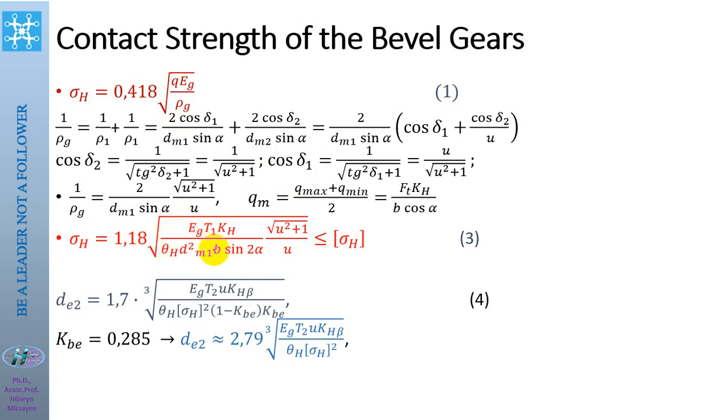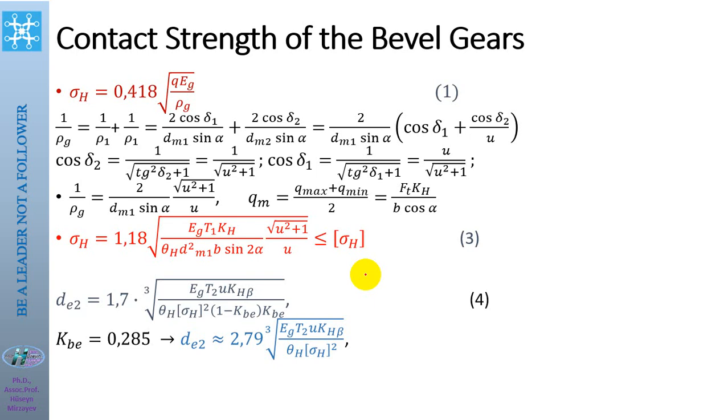Here Ze is the equivalent number of teeth, and T1 is the torque on the pinion shaft. KH is the loading factor, which is calculated as KH equals KH alpha, KH beta, and KHV.